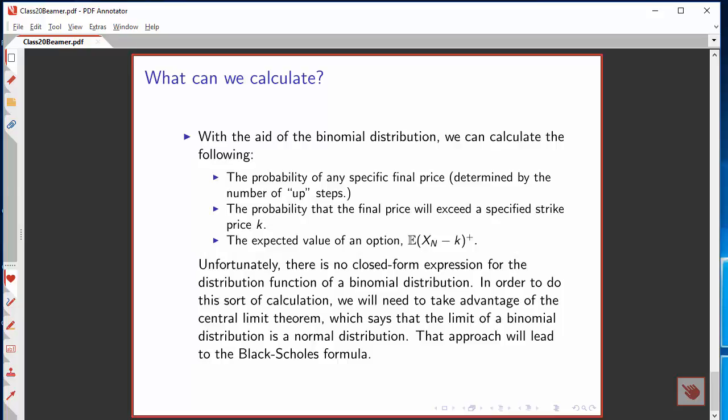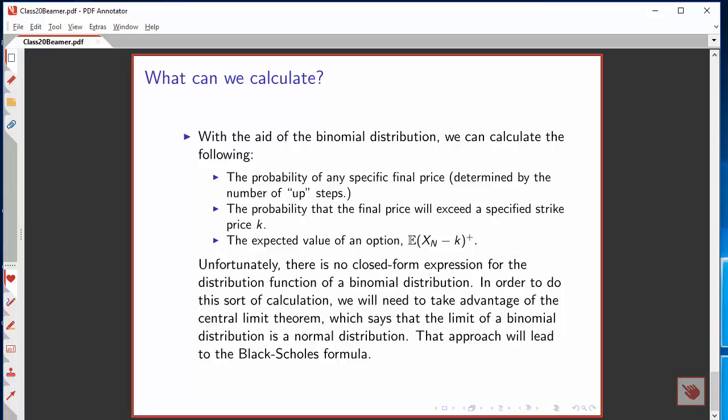We just ask, how many up steps do we need in order for the option to be in the money? And then we ask, what's the probability that with a binomial distribution, we will get at least that number of up steps? Unfortunately, there's no simple closed form expression for that result. It's conveniently built into the R scripting language, so I'll be able to do it easily on a computer, but it's a tedious thing to do with pencil and paper.